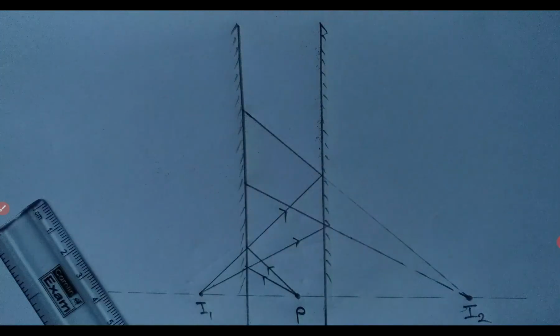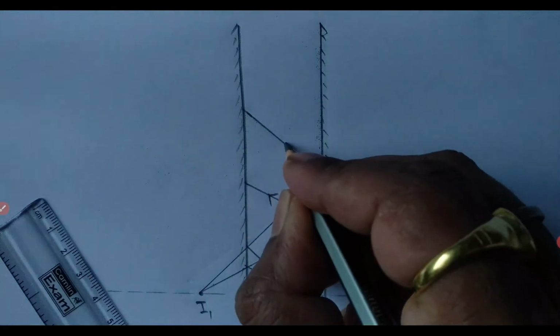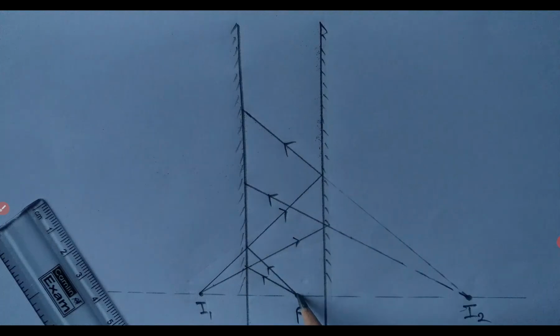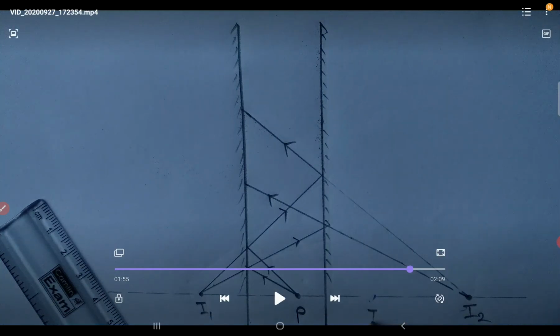So I got my reflected ray also. Therefore P is creating one I1 and this is creating I2. As I have said, there will be other rays also from here, which are not shown in this particular diagram, because it will make things complicated.